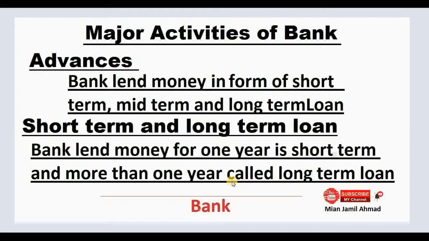Short-term loans are lent for one year or less, to meet day-to-day operations or business needs. Long-term loans are provided for more than one year, mostly to businesses that purchase fixed assets, land, property, or other long-term assets.